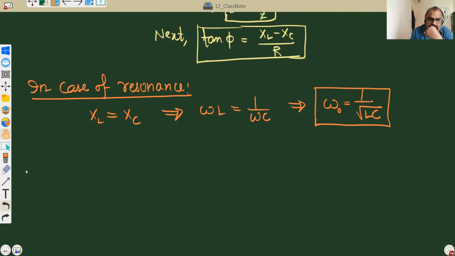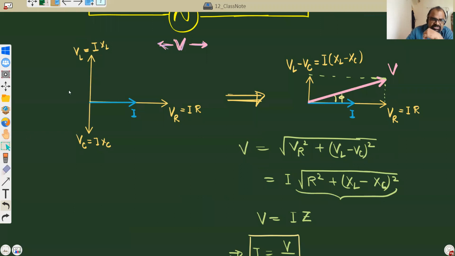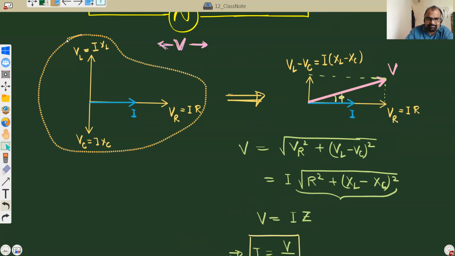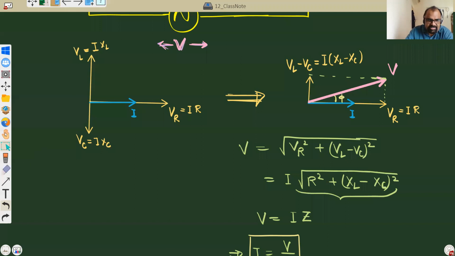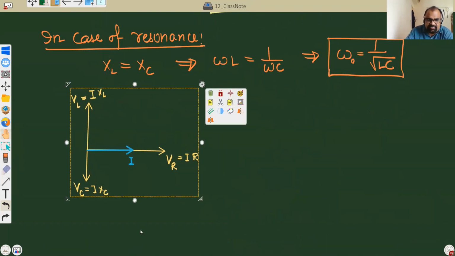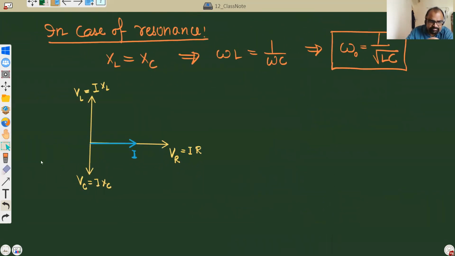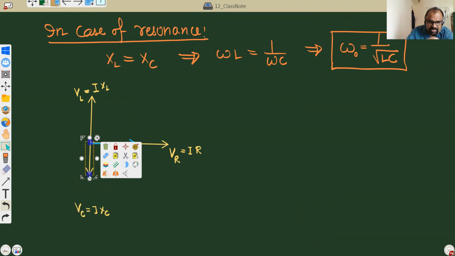Now, how will this phasor diagram look like in case of resonance? So for that, let me copy this. In case of resonance, these two will be exactly equal. Why?